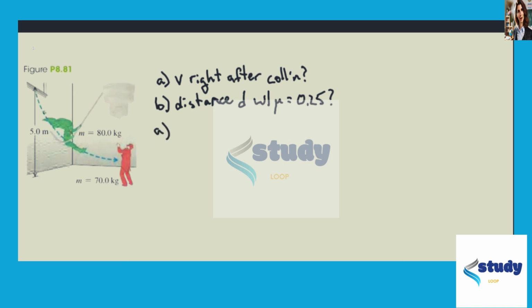So first we want to figure out what the kinetic energy of the stuntman is right at the bottom of his swing. So, in order to figure out what his speed is, his kinetic energy, 1/2 m_S v squared, we'll call him S for stuntman, and V for villain, maybe?